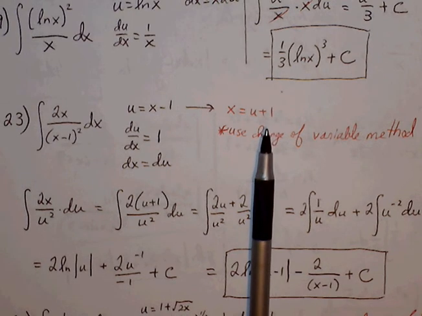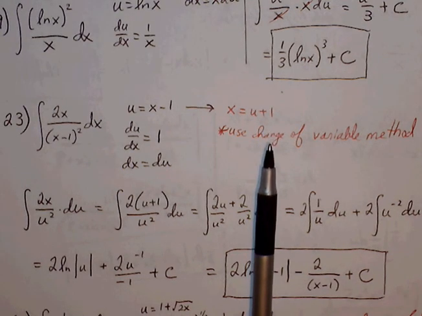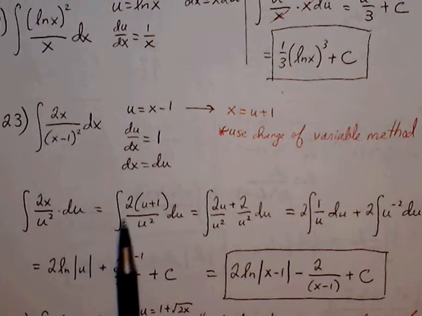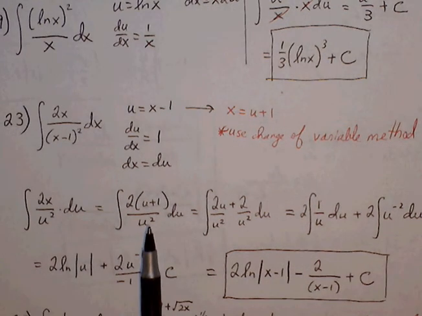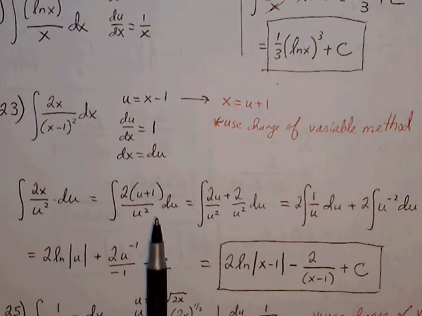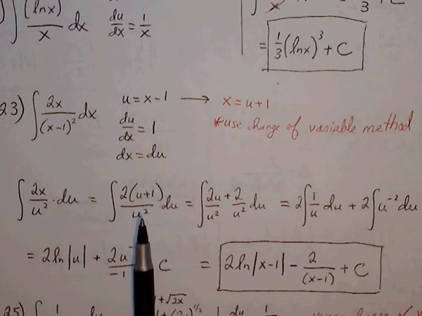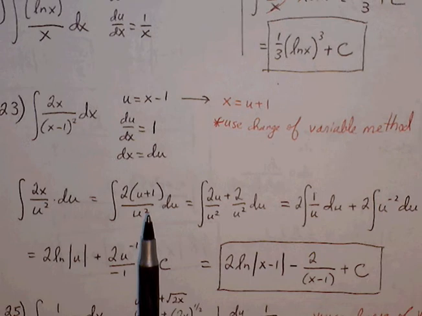So we can now replace x in terms of u, which is 2 times u plus 1 over u squared du. Okay, everything is in terms of u, so now let's see if we can clean this up to be in the form where we can apply power rule.